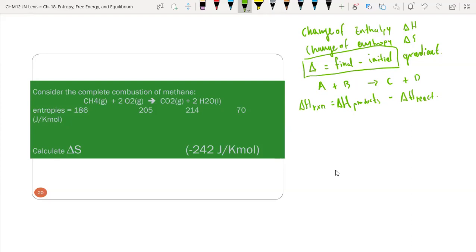So here are the products, and here are the reactives.